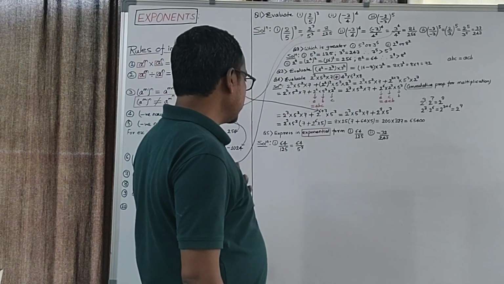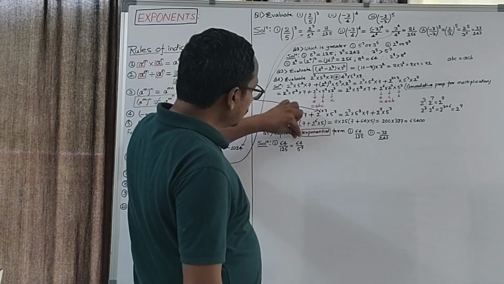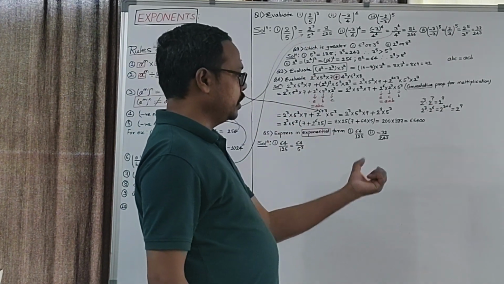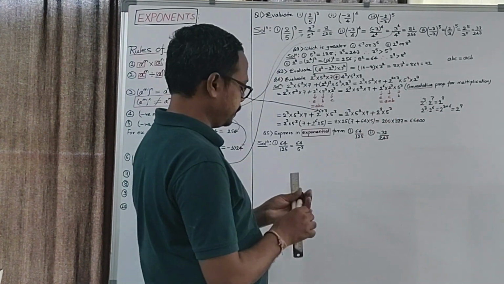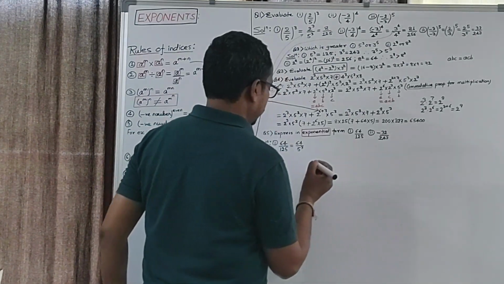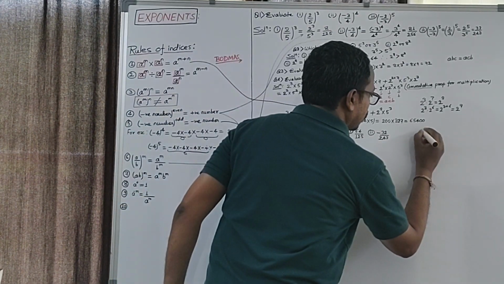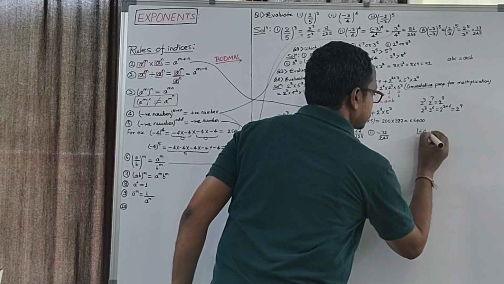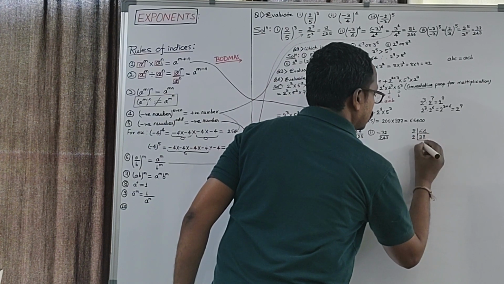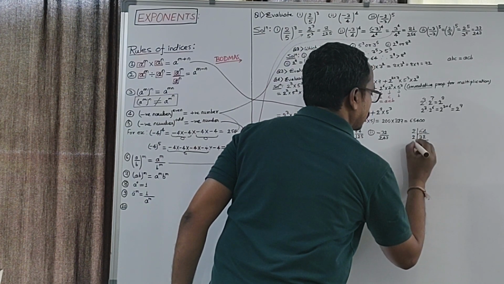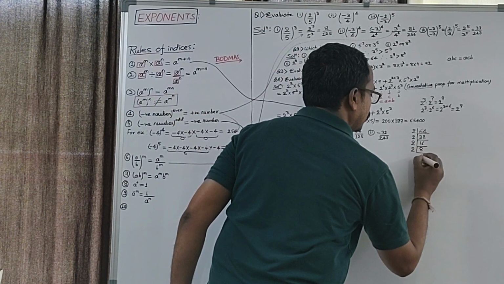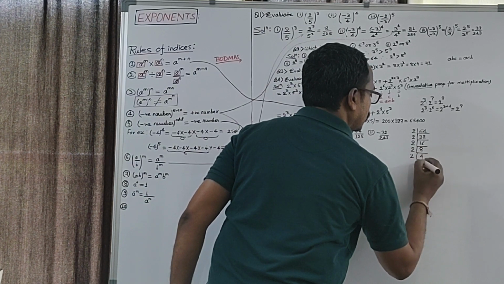So now, what's my task? How to convert 64 as equal to some number raised to the power 3? Okay, so how to do that? I think you take 64 and prime factorize. 2, 32; 2, 16; 2, 8; 2, 4; 2, 2.